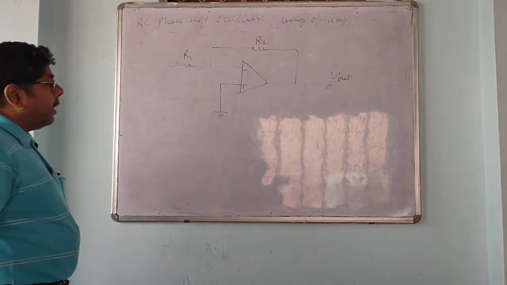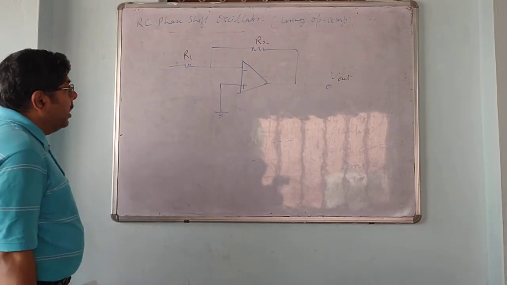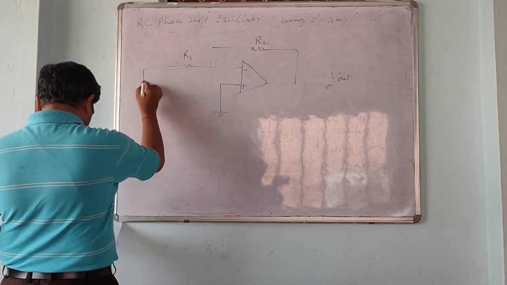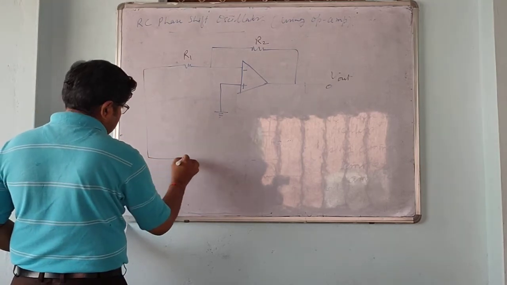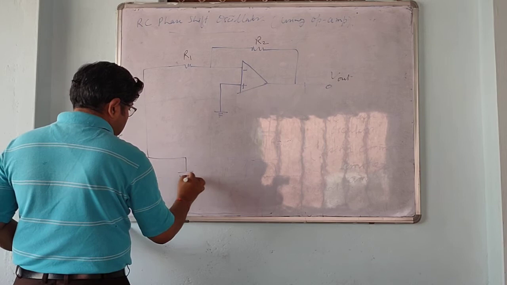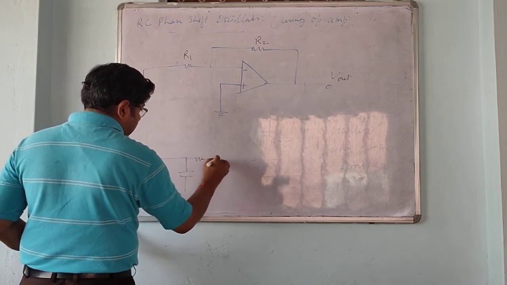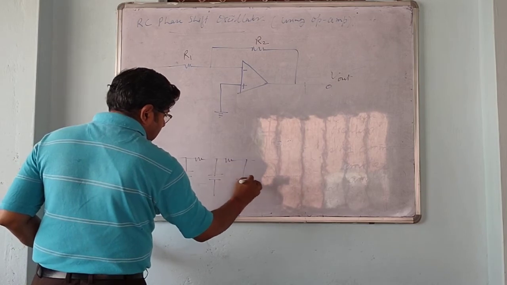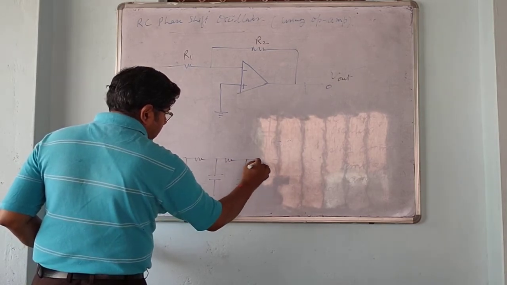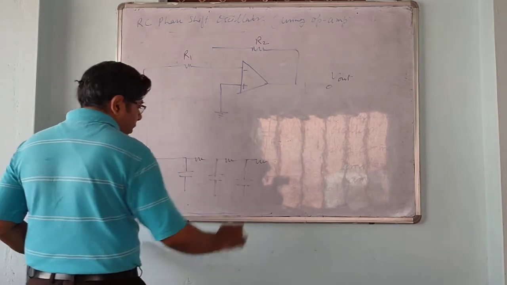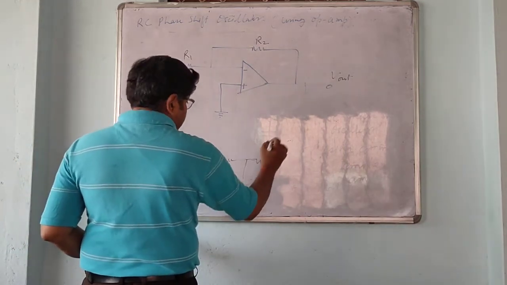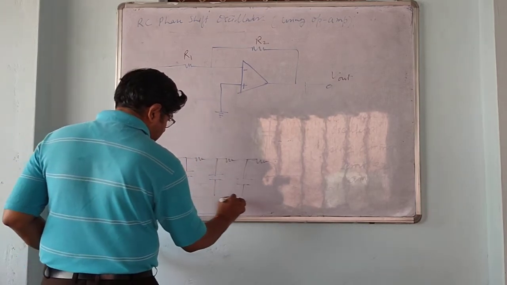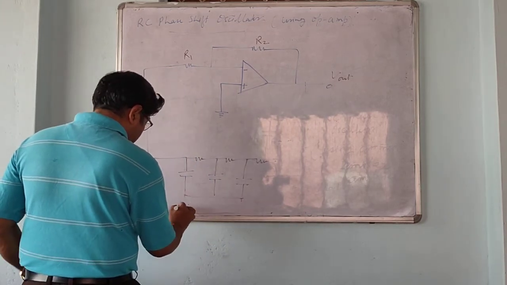And the feedback network is the same. We have 3 steps. First, capacitor, resistor, then capacitor, resistor, capacitor, resistor. And this is grounded.